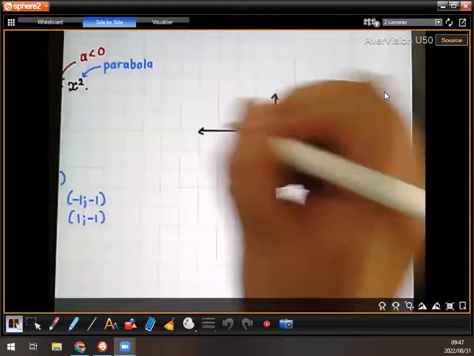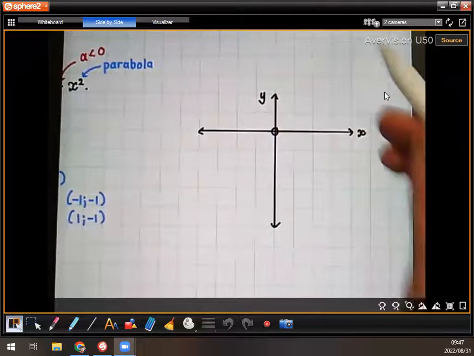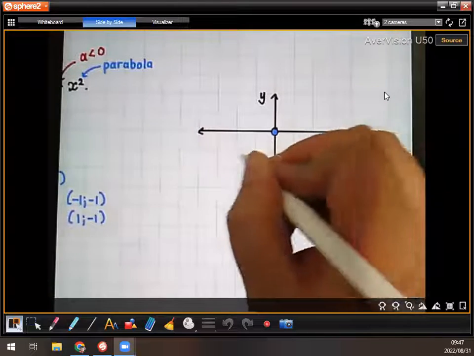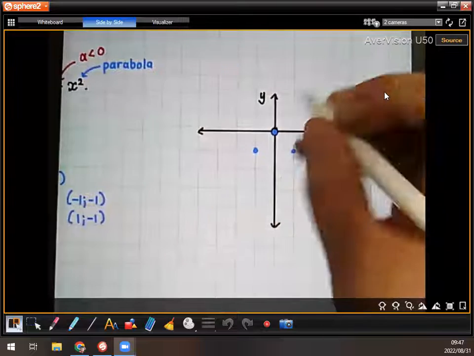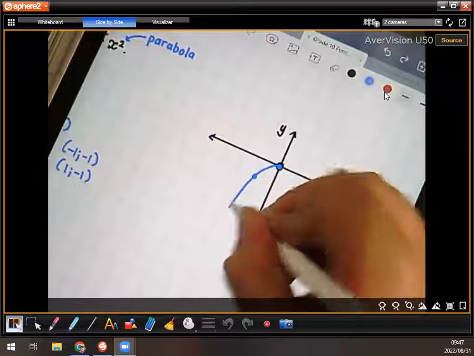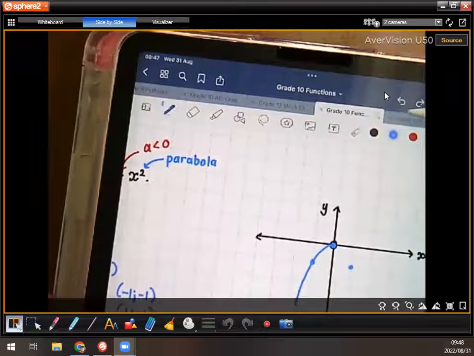Okay. Who's gonna take the practice? I choose the x value and sub it into the equation to get y.